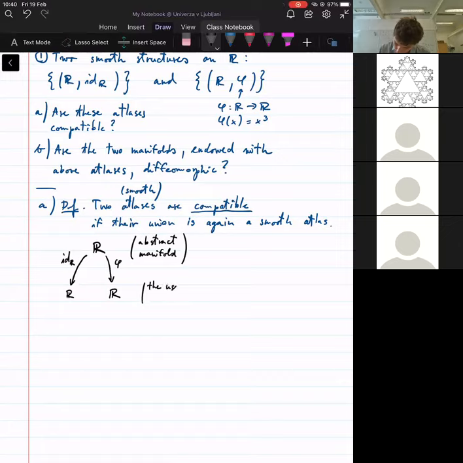I have a question. How does the union of two atlases look like? The union of two families of sets. Wouldn't that mean that every open set has two images? Sorry, I'm not sure I understand.